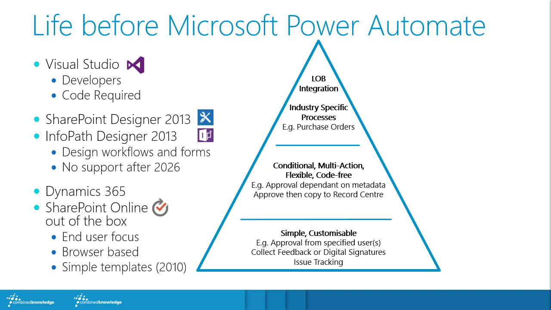There are going to be a number of different solutions, but in the past, we'd have had this triangle to go by. So the triangle is broken down into complexity as well as return on what we can do. At the bottom, we've got items like SharePoint Online with out-of-the-box workflows, which for those of you that are not aware, are going to be switched off very, very shortly.